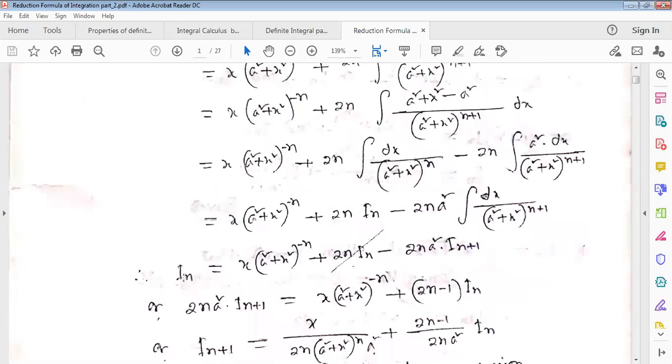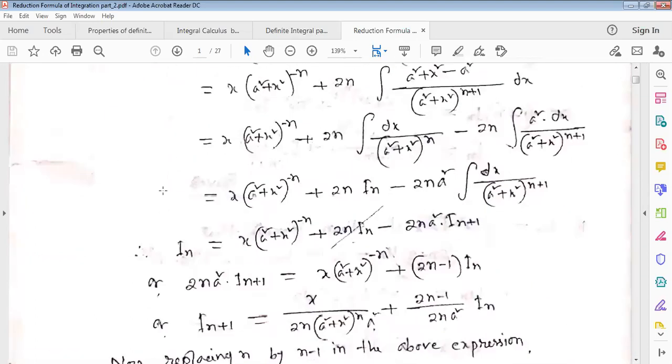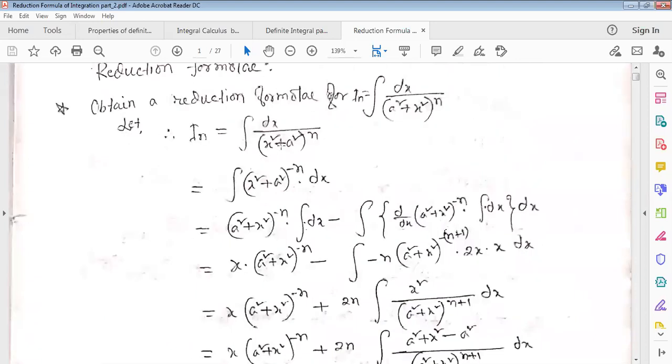Now we can write I_n equals x into (s square plus x square) whole to the power minus n plus twice n I_n minus twice n s square I_(n plus 1), right? And this can also be written with I_(n plus 1), because here it is only n plus 1, but in I_n it is only n.